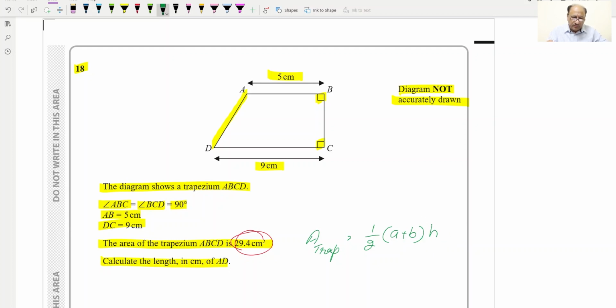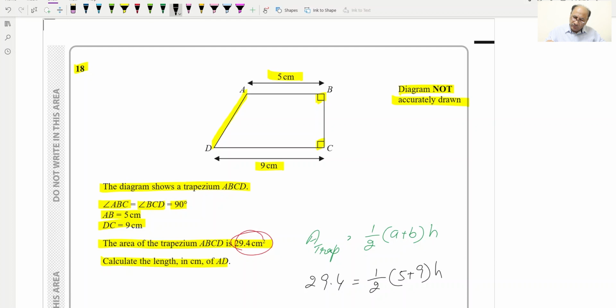We can find the perpendicular height because we know the area and we know A plus B, which are the parallel sides, these two sides. So the area of the trapezium is 29.4 centimeters squared, and 1 by 2 into A plus B, so 5 plus 9, into H.